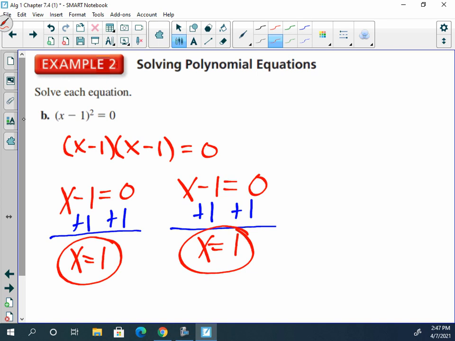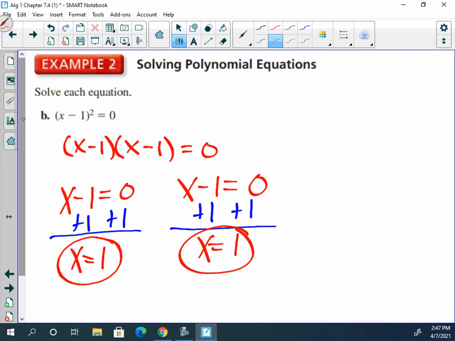But how many answers did we get? Well, 2, because we have x is equal to 1 and x is equal to 1. They're just not unique. They're the same answer. X equals 4 and x equals 2, or 3 and 7, are unique because they're two different values.